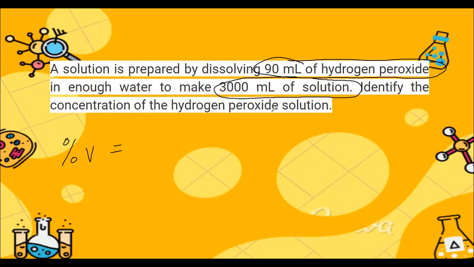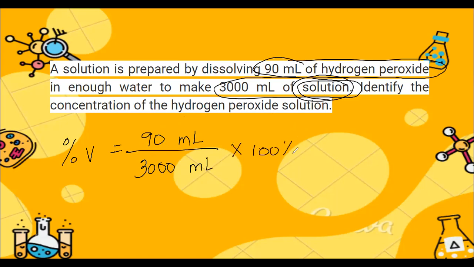Our volume of solute is 90 ml, divided by our volume of solution, that is 3,000 ml, multiplied by 100%.